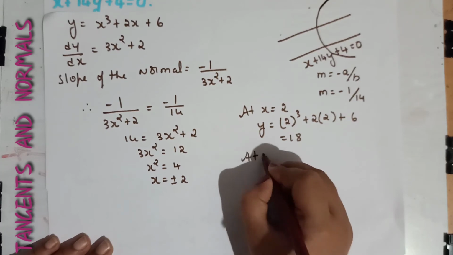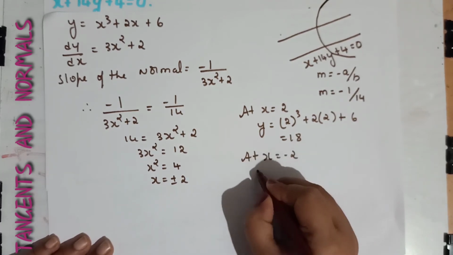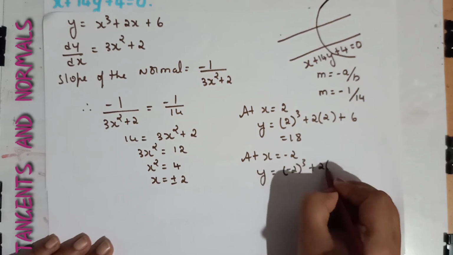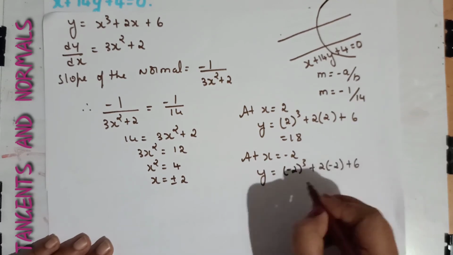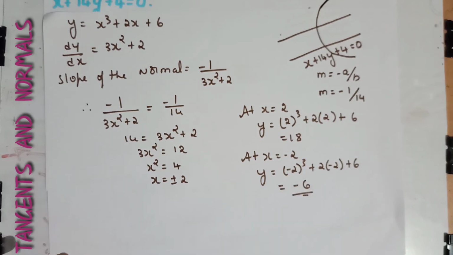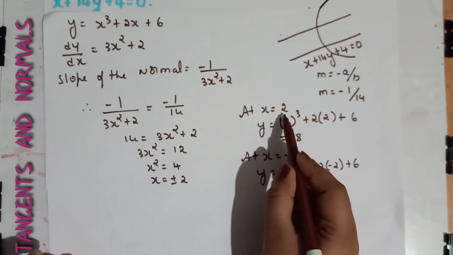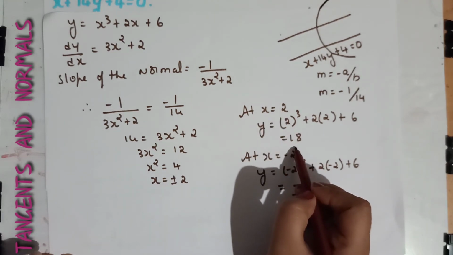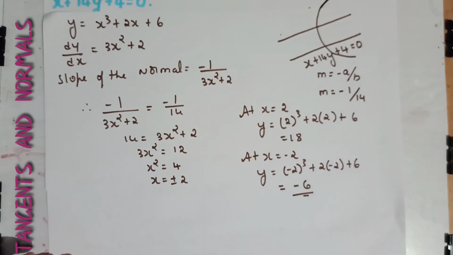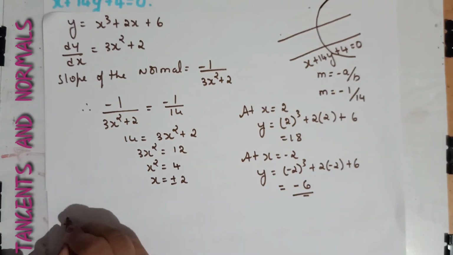Then at x is equal to minus 2, y will be equal to minus 2 the cube plus 2 into minus 2 plus 6, and that will be equal to minus 6. Therefore, the 2 points we got: x is equal to 2 and y is equal to 18 is 1 point, and minus 2 comma minus 6 will be another point.